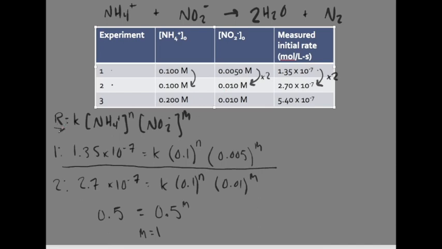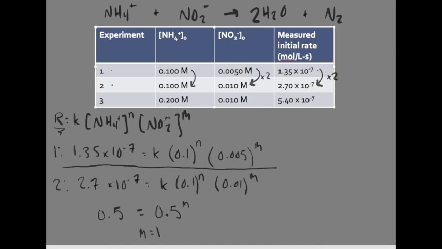How does the rate of reaction depend on the concentration of NO2? Well, if I double the concentration of NO2, I doubled R, I doubled the rate. So this M right here has got to be 1. It has to be a 1 because there is a direct relationship between NO2 minus and R. I doubled NO2 minus, R got doubled.